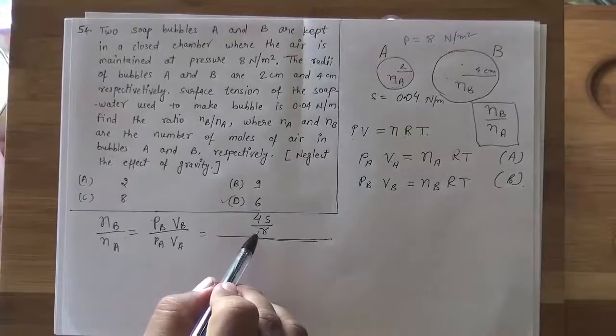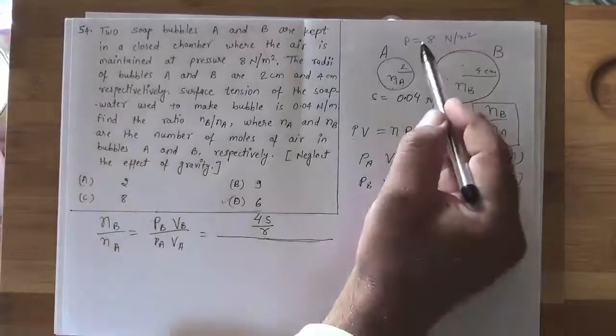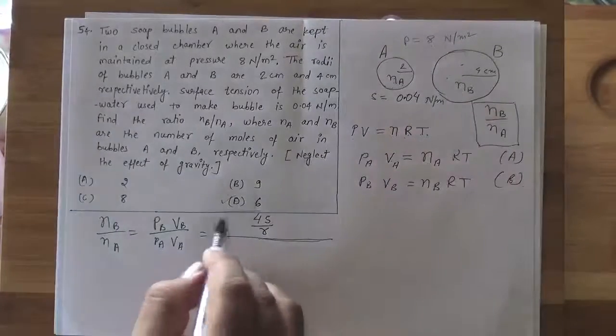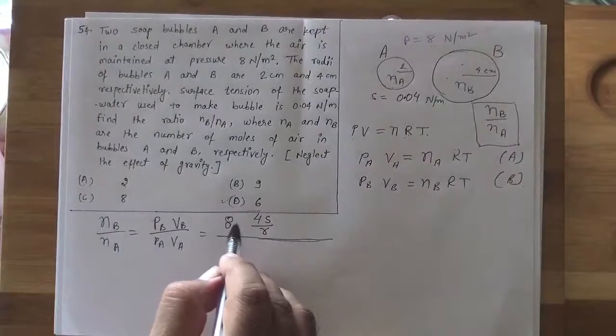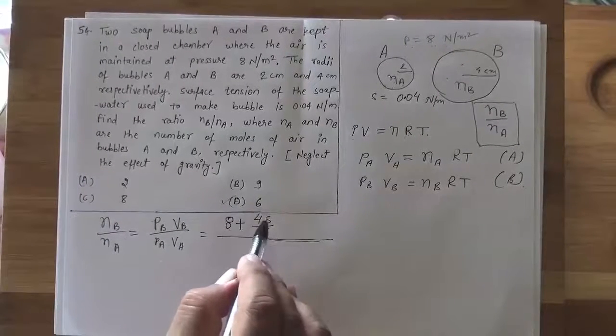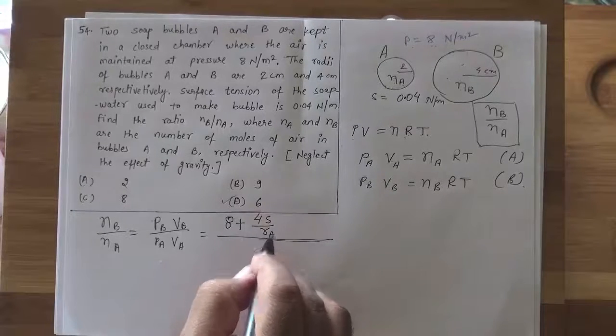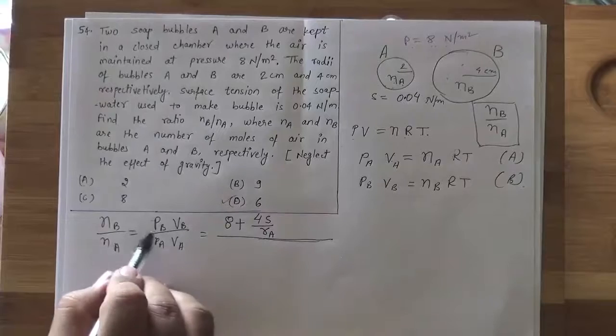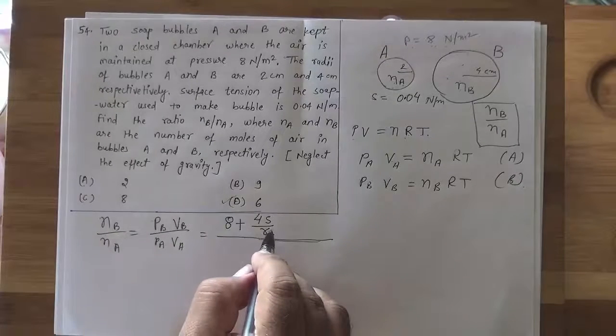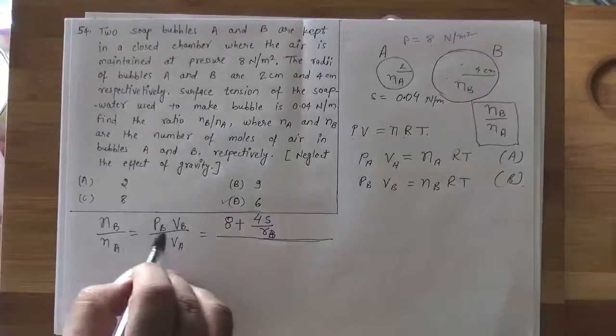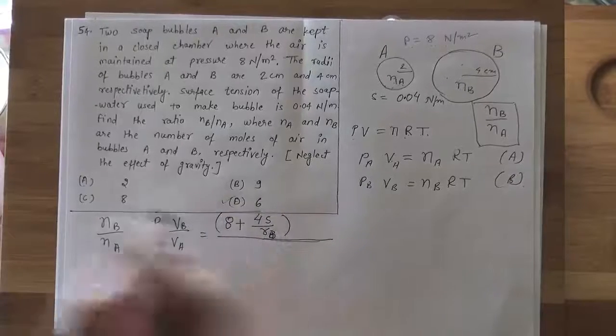This is addition to outside pressure, and outside pressure is 8. So the total pressure is 8 plus 4S upon R, and this R is for bubble number B. This is the value of P_B.